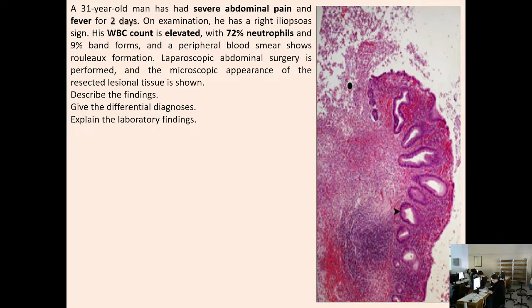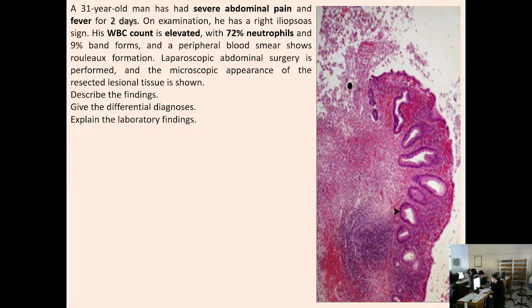And we have the neutrophilic exudate, and if this persists, inflammatory granulation tissue is organized, and this follows all the layers of the appendiceal wall, and it may rupture.